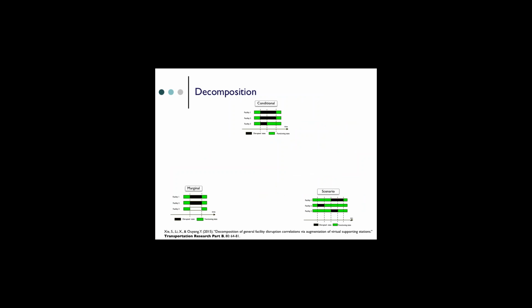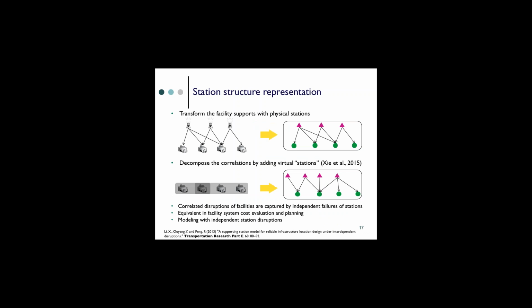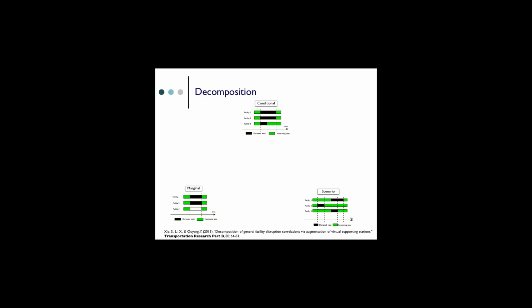This slide shows the details for the decomposition from this correlation into the station structure. From the three probabilistic representations, we want to build the station structure. So basically, we develop three sets of equations to transfer each of the three probabilistic representations to the station structure representation.